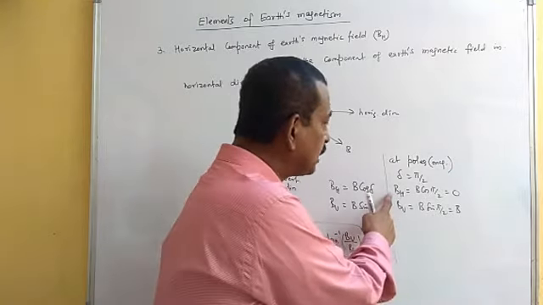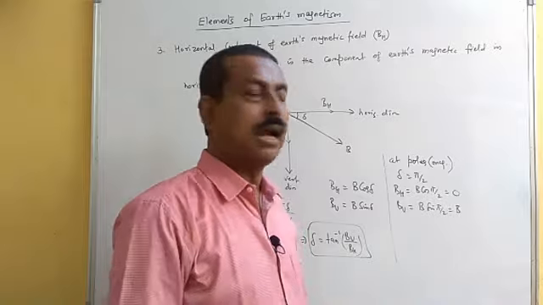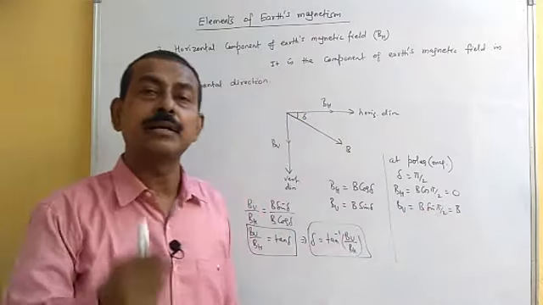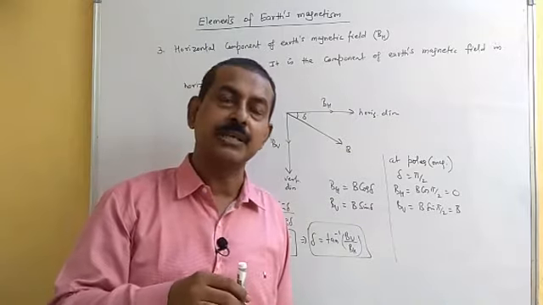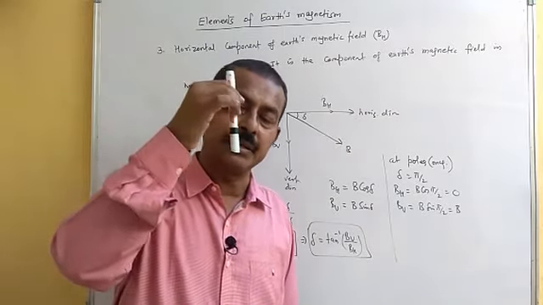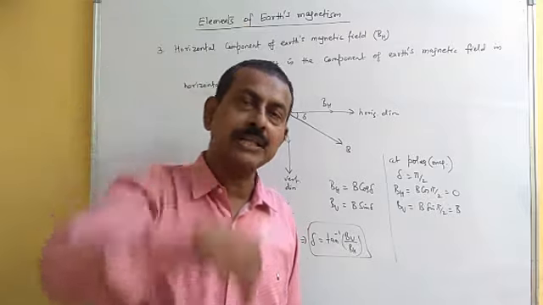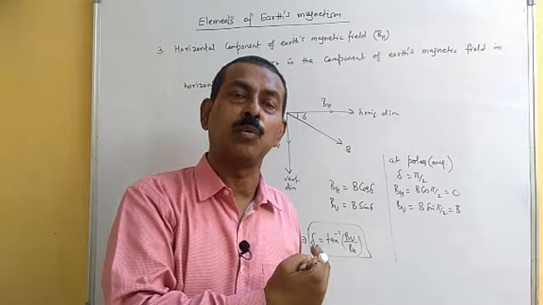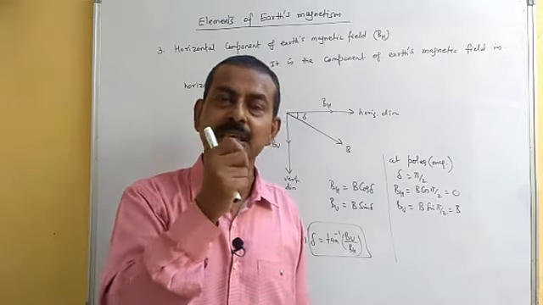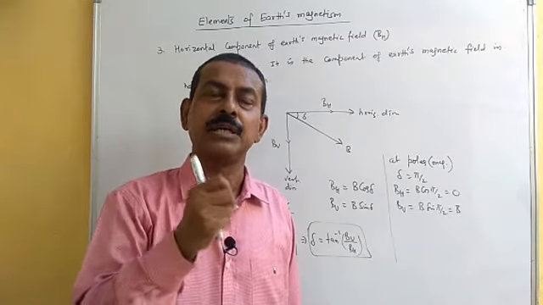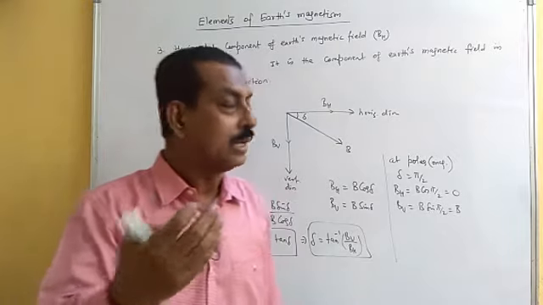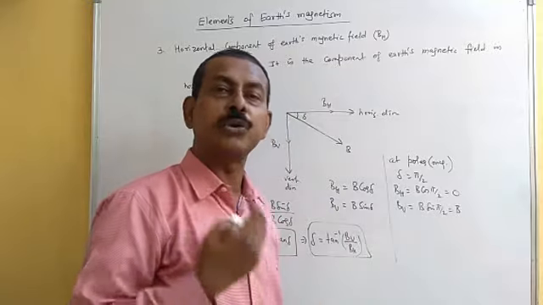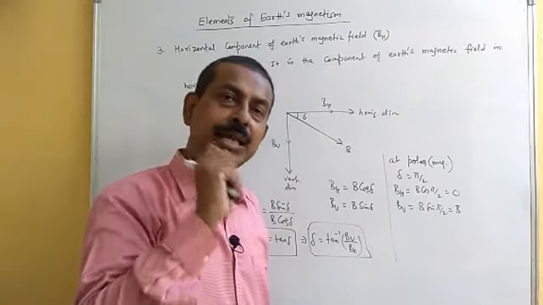That is why we get BH equals 0, and BV equals B. Remember that if the magnet is exactly vertical, that indicates that the net magnetic field is in the vertical direction. So obviously, as it has no horizontal component, whatever magnetic field is there at that particular place is only the vertical component. That is why the total magnetic field will also be equal to just the vertical component of Earth's magnetic field at that place.